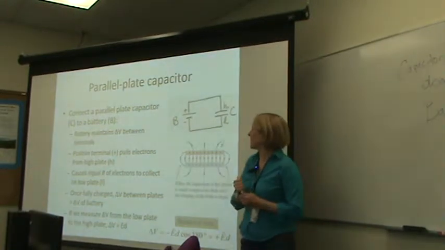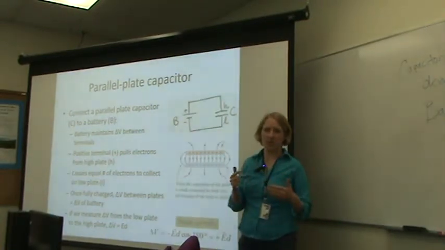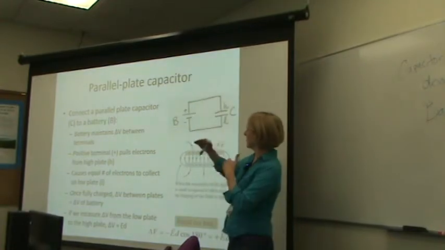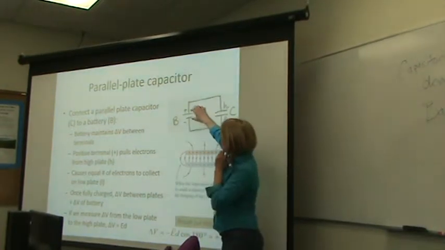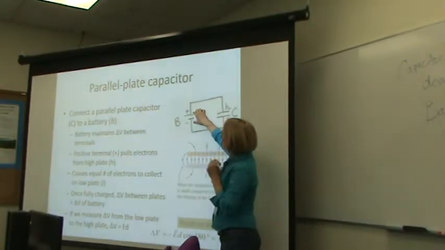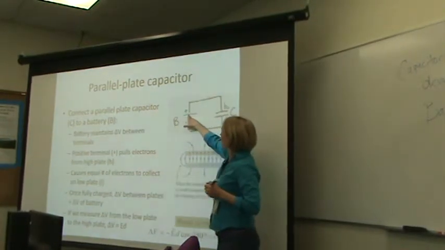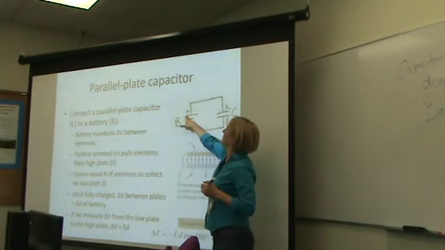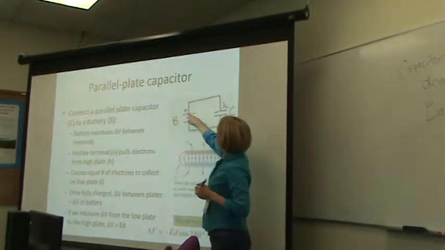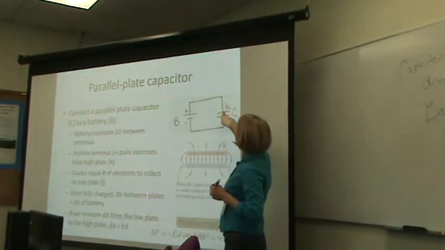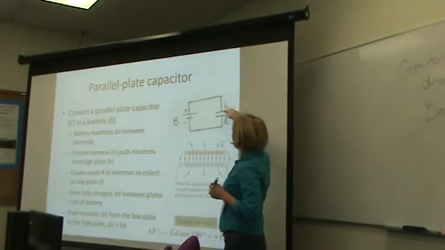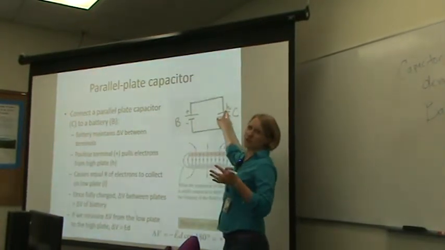And it does that by way of some chemical reaction, and so it's able to create a potential difference between its plus and a minus side. So there's a potential difference here, and so the top side of the battery has positive charges that collect on it. And so if you put a wire that connects that top plate to one side of a capacitor, then the negatives, the electrons, it's a conductor, right?